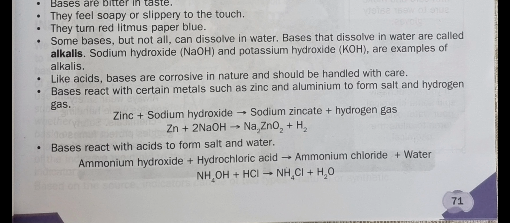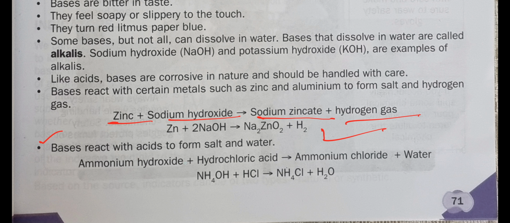Like acids, bases are corrosive in nature and should be handled with care. Bases react with certain metals such as zinc and aluminium to form salt and hydrogen gas. So you can see here the reaction. Zinc plus sodium hydroxide forms sodium zincate and hydrogen gas. This is the reaction.